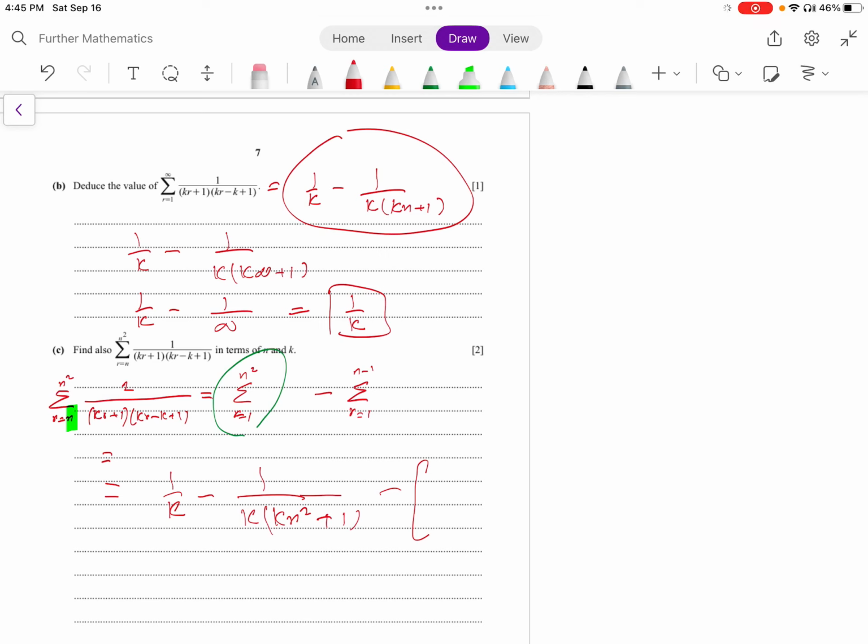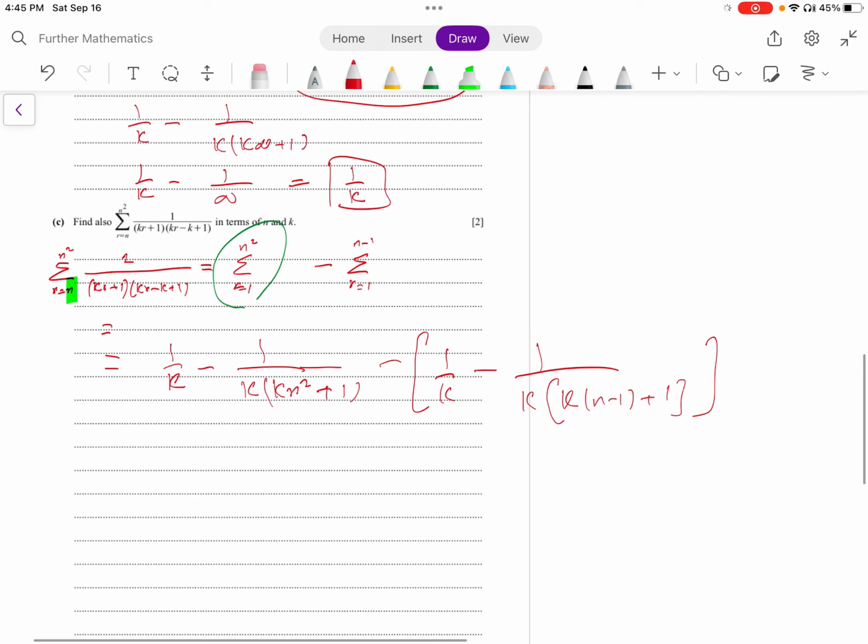So I have to plug in n equals n minus 1 now, and the rest of the things remain the same. So it's 1 over k minus 1 over k times the bracket k times (n minus 1), and then we have a plus 1 inside the bracket.